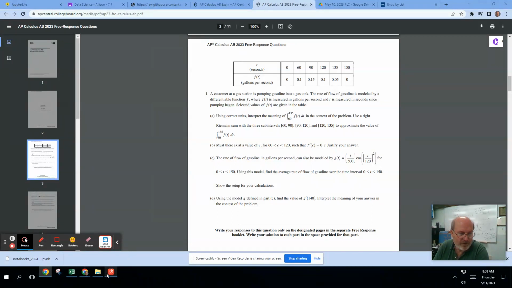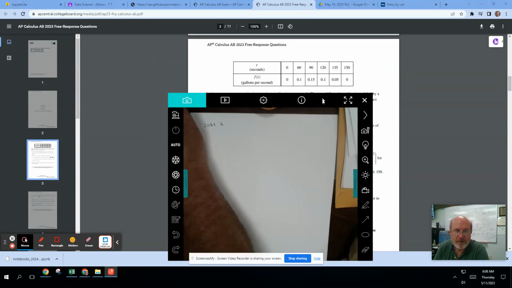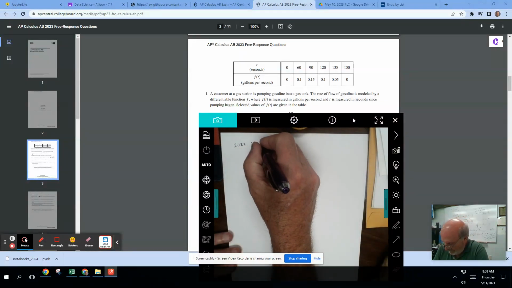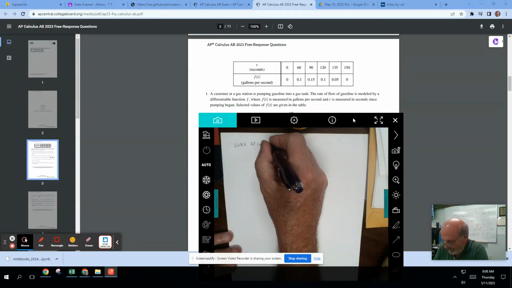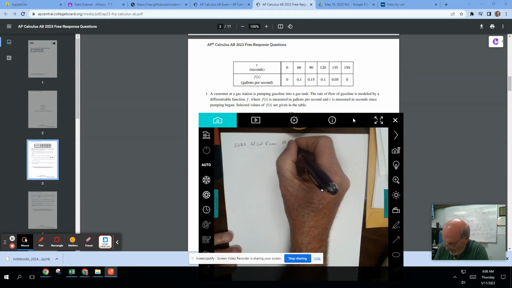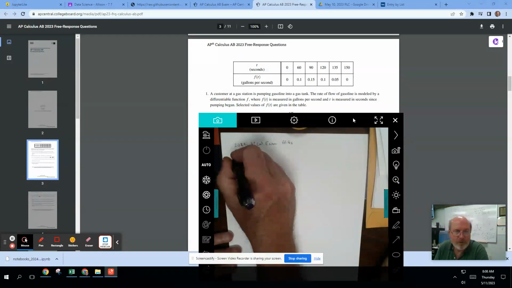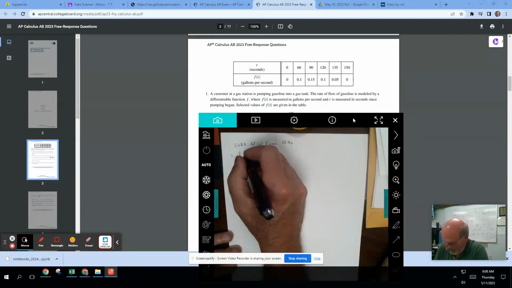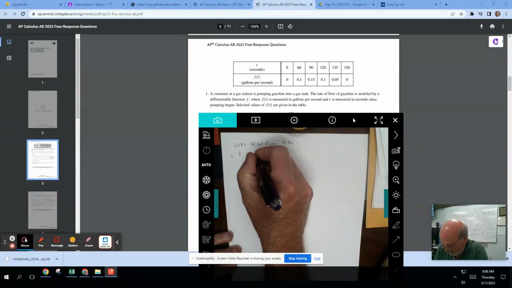2023 AP Cal exam, FRQs. This is number 1. So f is differentiable and f is the rate of flow.